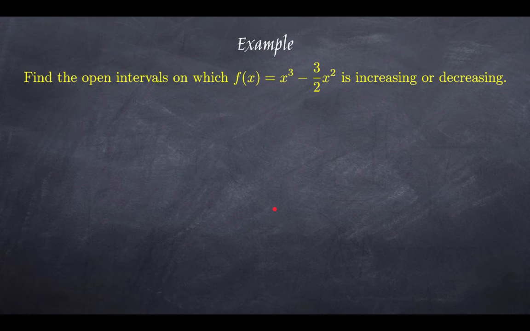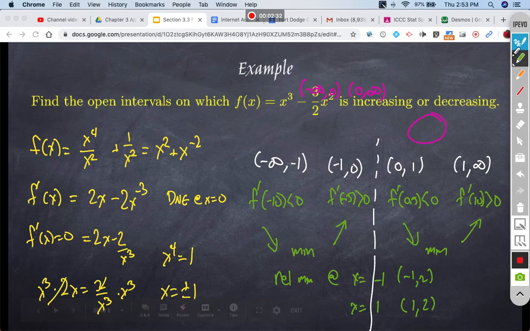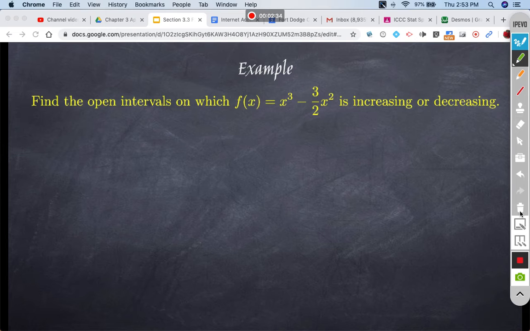So let's see what this means. Let's work with this function right here. f of x is x to the third minus 3 halves x squared. We want to find the open intervals on which it's increasing or decreasing.